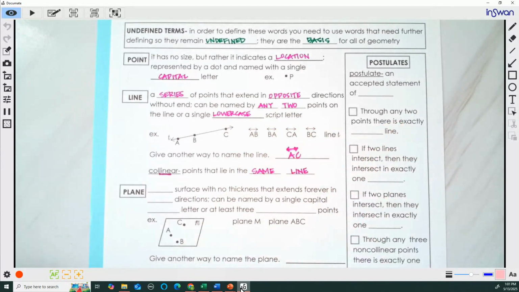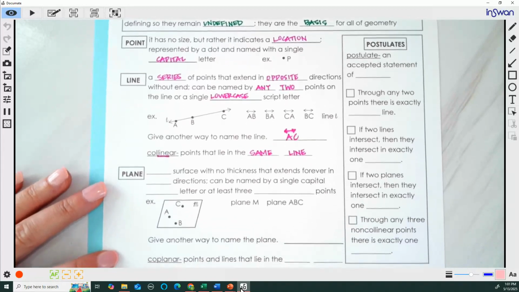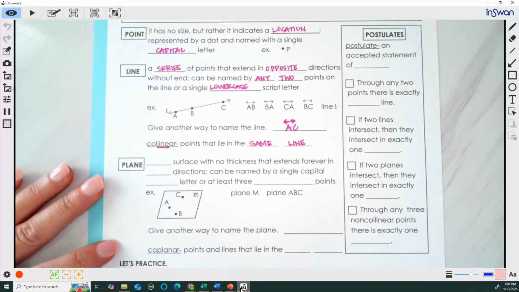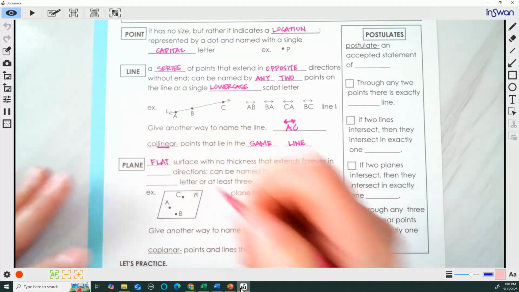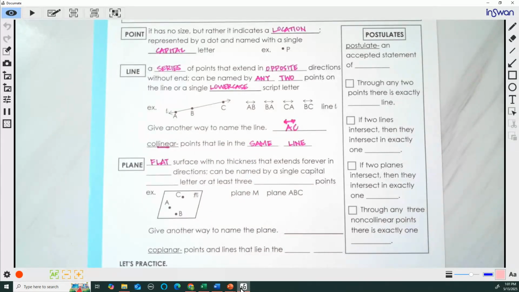Our third undefined term that we're going to talk about today is plane. And a plane is a flat surface. It's another one of these that are too abstract for us to actually draw, so this is how we represent it in geometry.